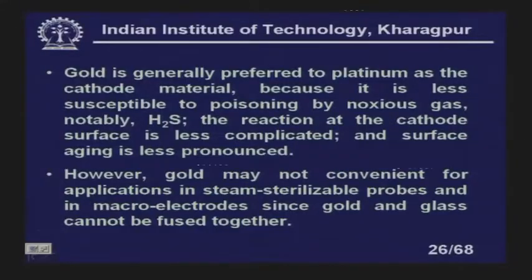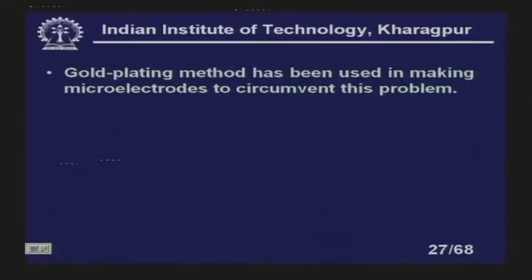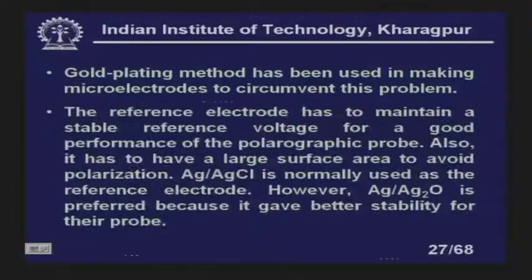So, it is a larger type of electrode. If I want to make it steam sterilizable, that is not very suitable for this type of purpose. Gold plating method has been used in making the micro electrodes to circumvent these problems. So, if the macro electrode is not possible, the micro electrode is possible.